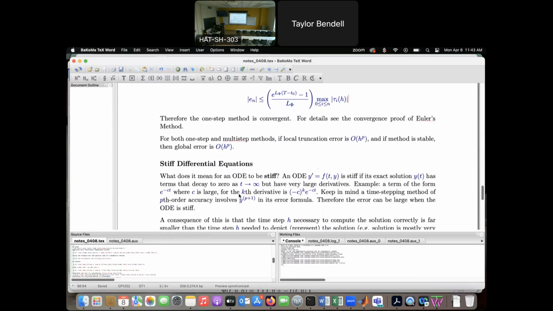But the kth derivative, you take that exponential, you multiply by minus c raised to the k power. Now, in general, if you have a time-stepping method that's accurate to order p, it involves a p plus first derivative in its error formula. So that term in a solution may be small, but it might make a large contribution to the error. And the higher order the method is, the bigger this problem becomes.